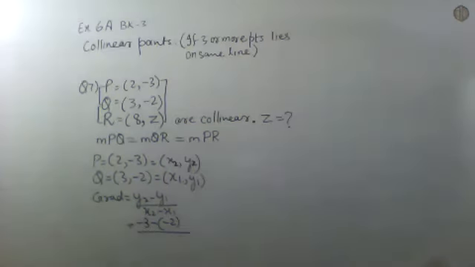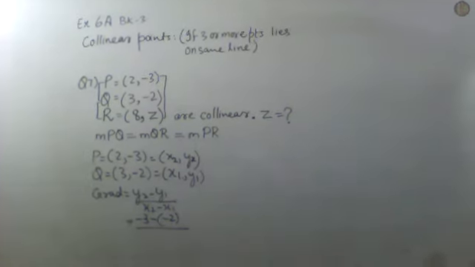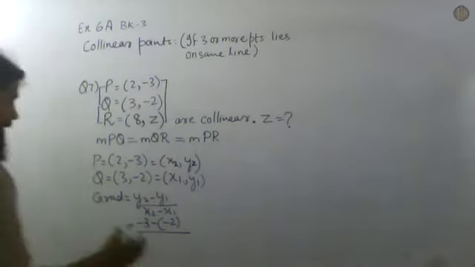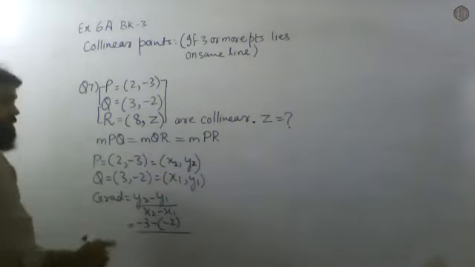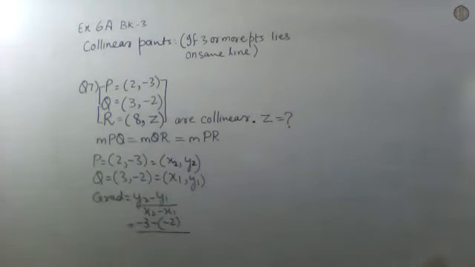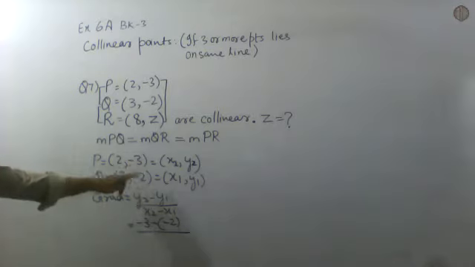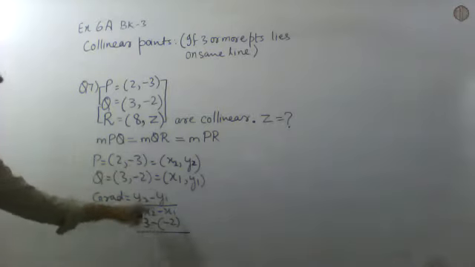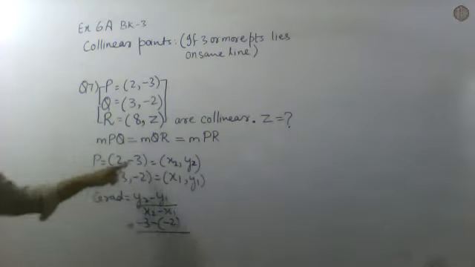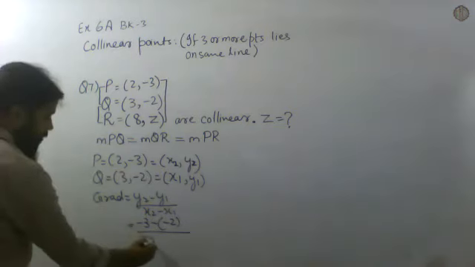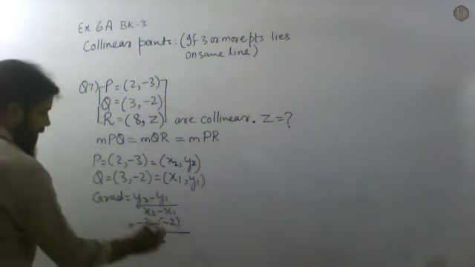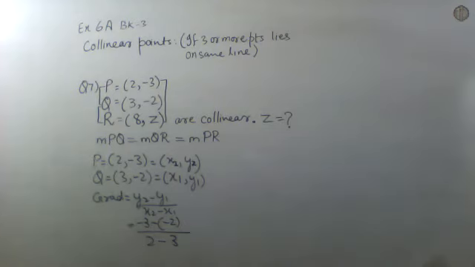I've already told you guys that it will not make any difference which one you are taking as x1 and which one you are taking as x2. So y2 minus y1 upon x2 minus x1.